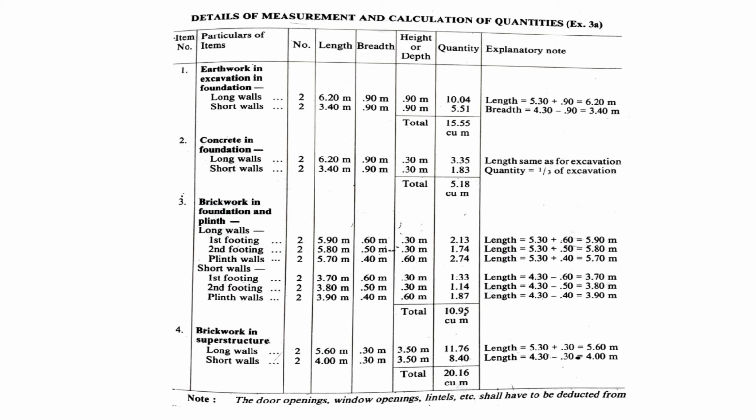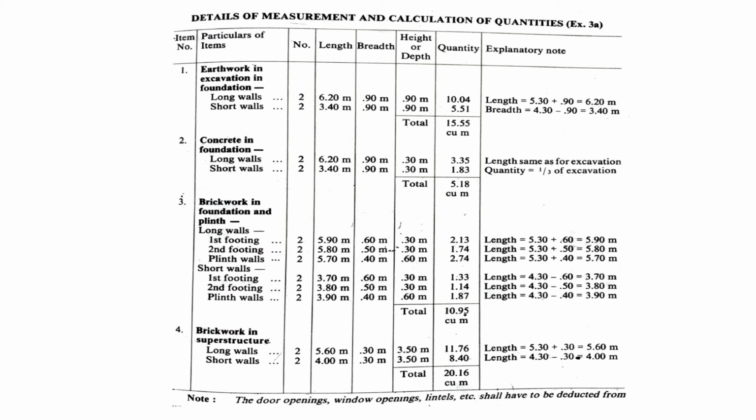So we can get the quantity by 2 into 3.8 into width of the second footing 0.5 into thickness of the footing, that means depth, 0.3 meter, is equal to 1.14 m cube.